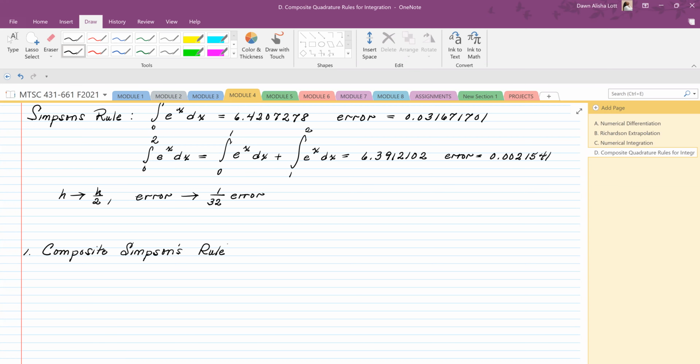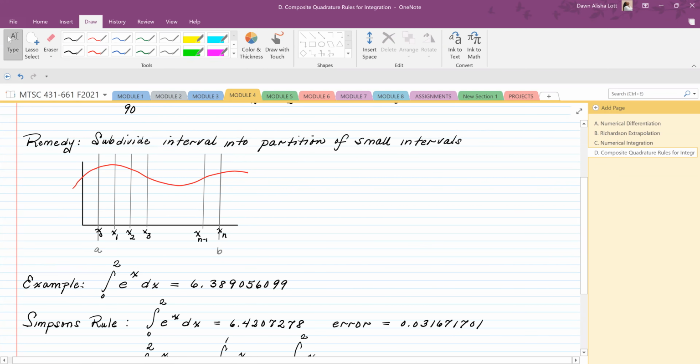Okay. So what I did was, for the example, I originally started out like this. We had the integral from 0 to 2 of e to the x.